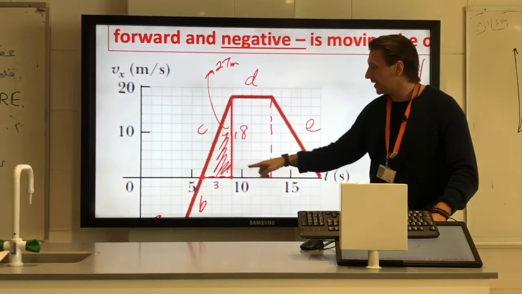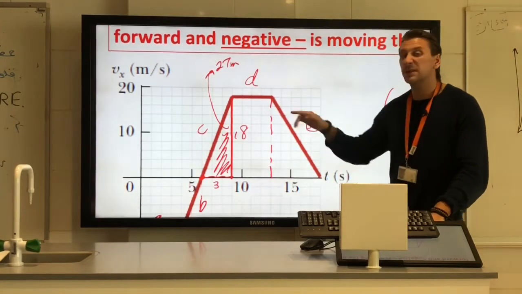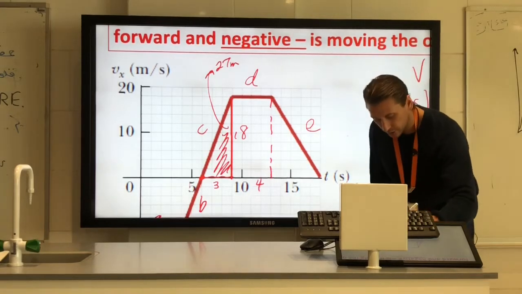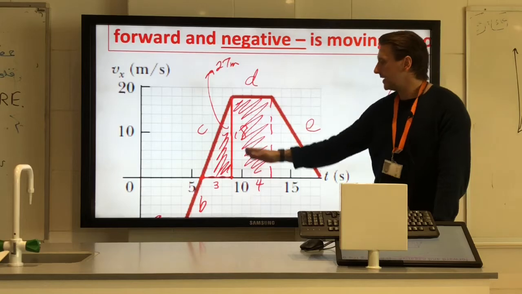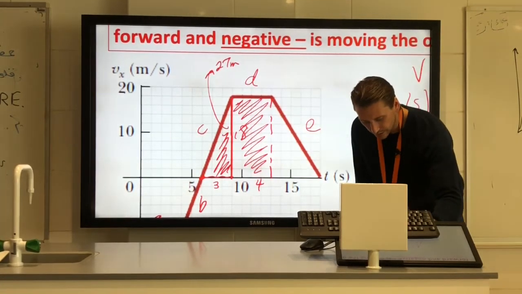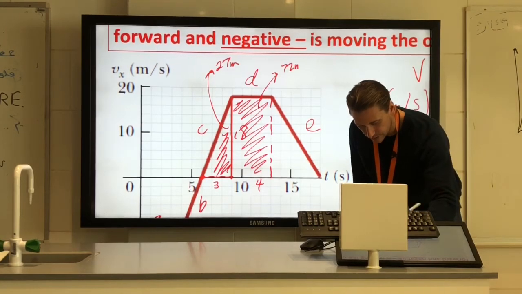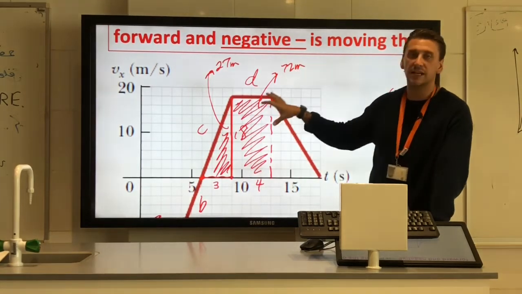The base goes from 9 to 13, which means the base is 4. 18 multiplied by 4 is 72 meters, just for section D.